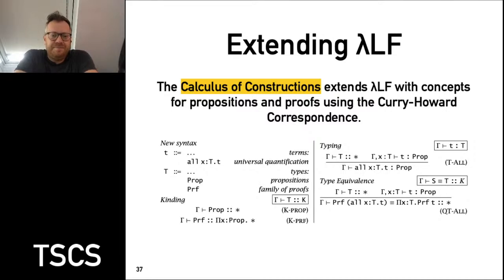Typing then uses the for-all quantifier to bind it all together, and type equivalence is defined as before. This means that you can actually do mathematical proofs with propositions just using an execution engine for lambda LF to do what you want to do. So it's all pretty neat.